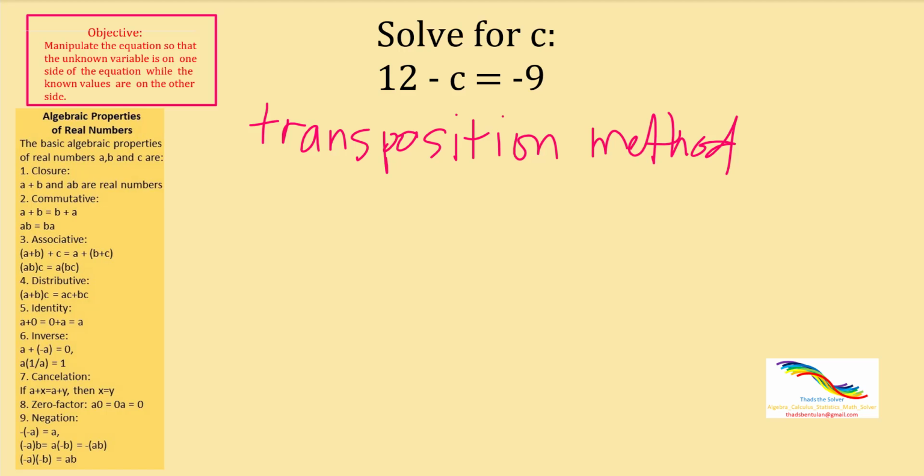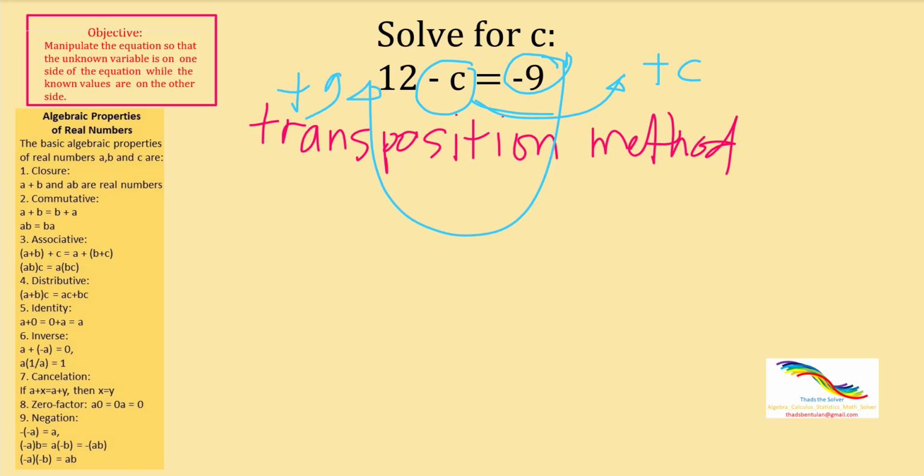In the transposition method, in this case here, we're going to isolate c. So this is a minus c. If we transpose this to the other side of the equation, then that becomes a positive c. And then if we also transpose this to the other side of the equation, this becomes a positive 9.